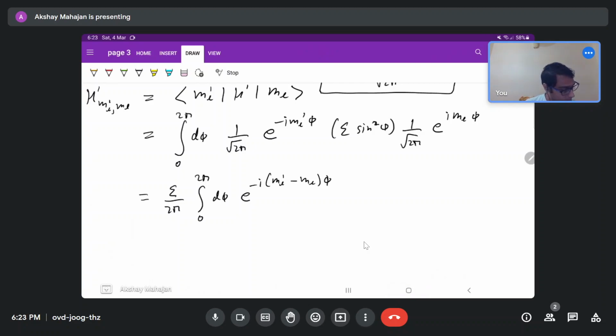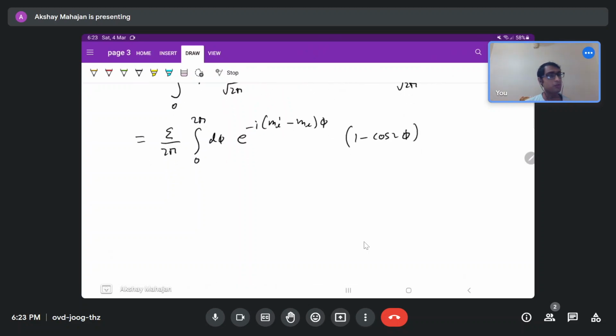Now for sin²phi, this is basic terminology. We know cos 2 phi is cos²phi minus sin²phi, so it is 1 minus 2 sin²phi.